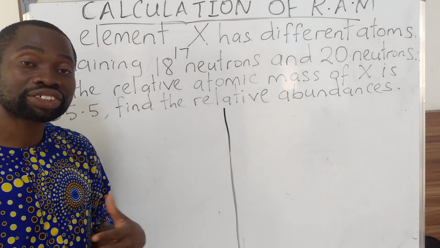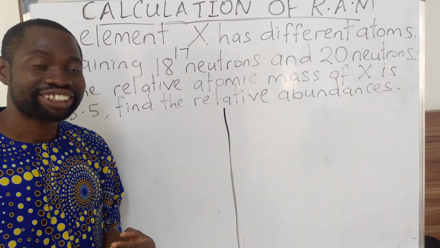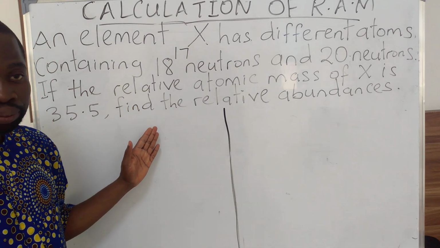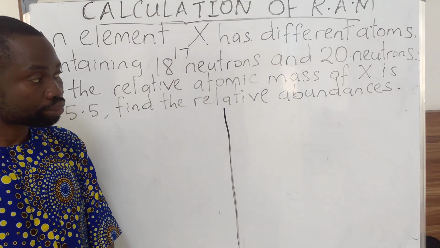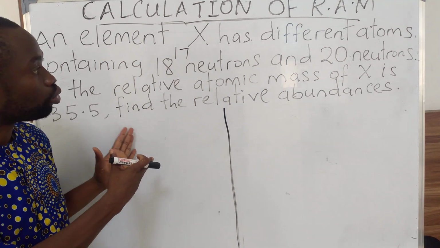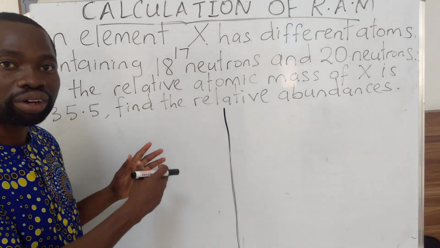There are so many ways examiners can set questions under every topic. So this is another way they can set a question on calculation of relative atomic mass.